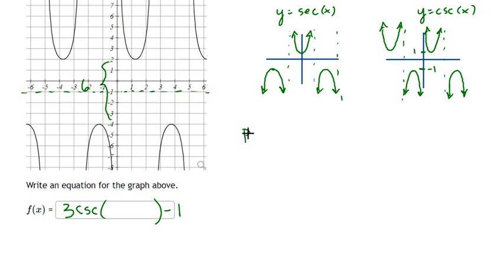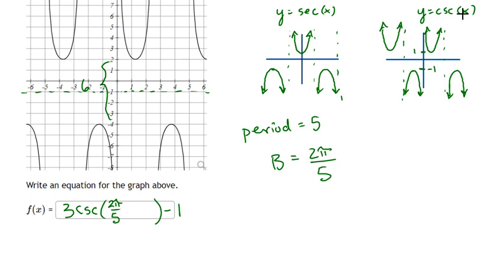So I'm going to say my period is 5. And of course, what I know is that b is going to be 2 pi divided by my period. So I can go ahead and put 2 pi over 5, and that is going to produce this.